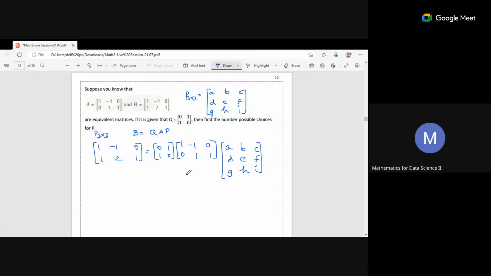Yeah, thank you. So first let us multiply these two matrices. What are you going to get? The first term 0, second term 1, third term 1. What about this? 1, -1, 0. Is that correct? The matrix multiplication.